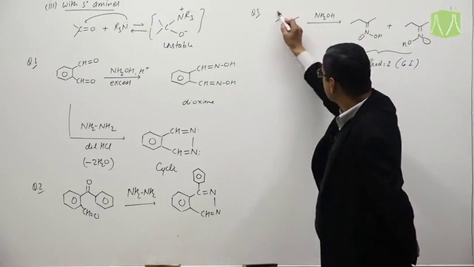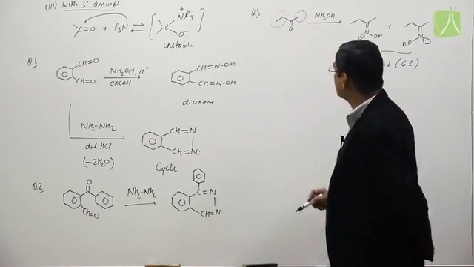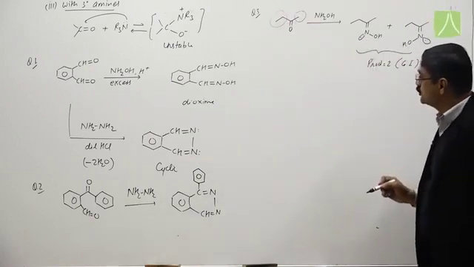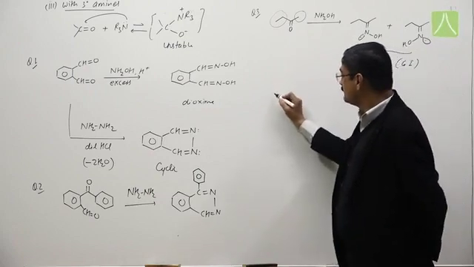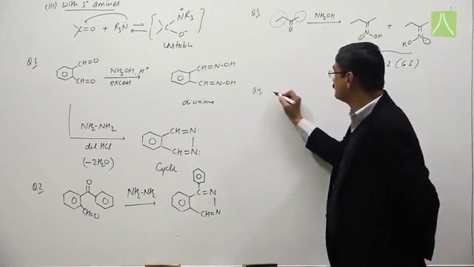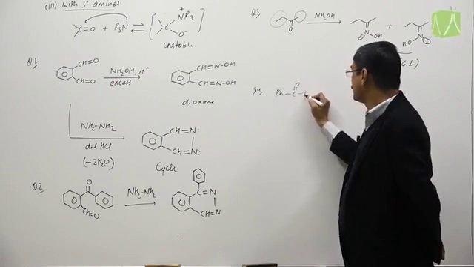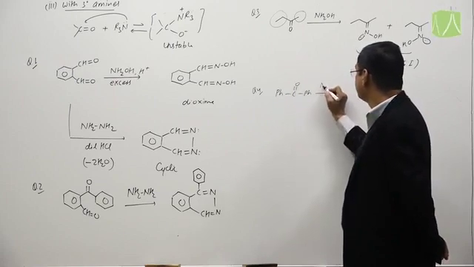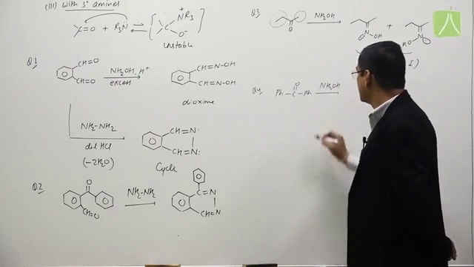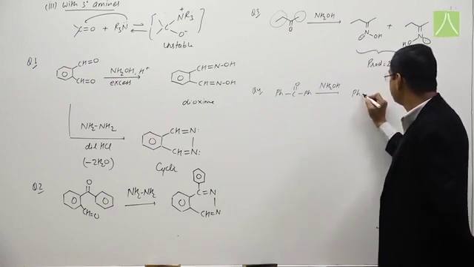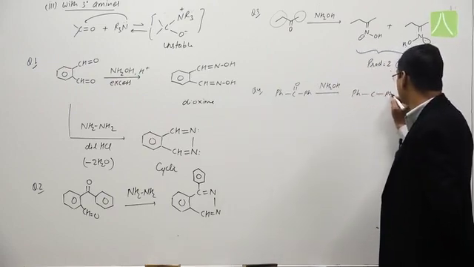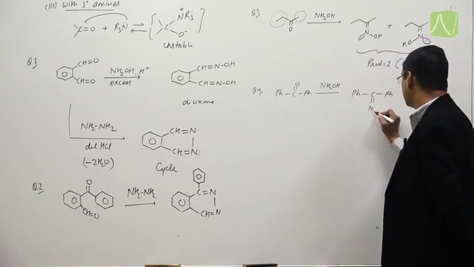If these groups are different on both sides, then total products are 2. But if these groups are the same, suppose in this reaction, so total products are only 1.